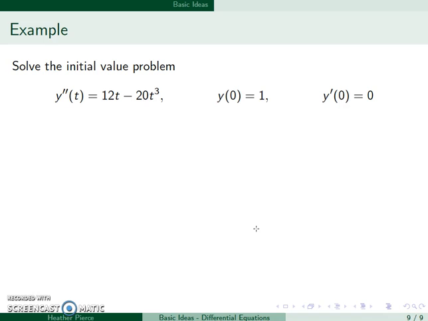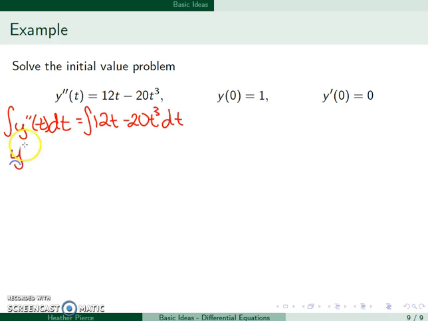We'll do one more. So this time, the integral of y double prime of t dt should be equal to the integral of 12t minus 20t cubed dt. The integral of y double prime is y prime of t.